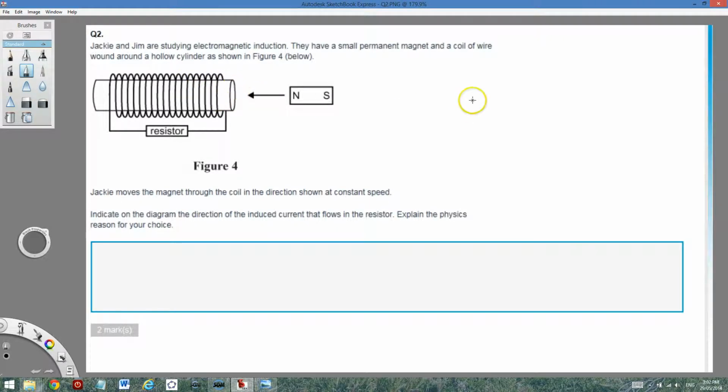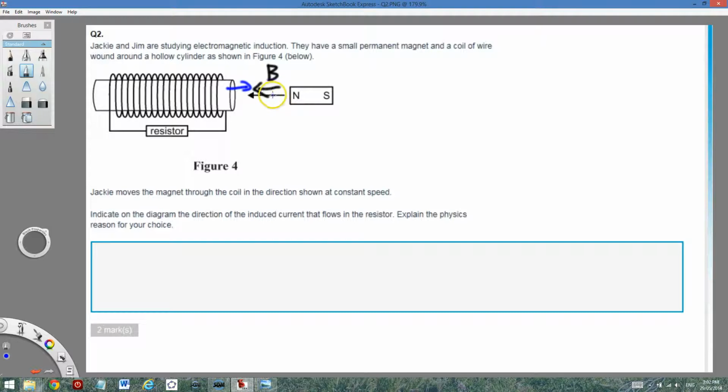Suddenly, a magnet comes through, and the magnet creates a magnetic field in this direction. So the wires are not happy. What does the wire want to do? The wire wants to generate a magnetic field in the opposite direction to cancel this out.